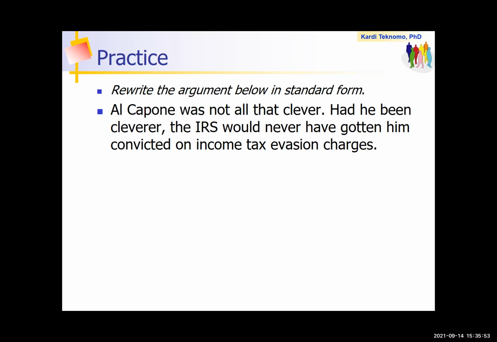So he was quite clever actually, so they could not capture him. But finally, the way to capture him was to use tax evasion. So how do we rewrite the argument in the standard form?